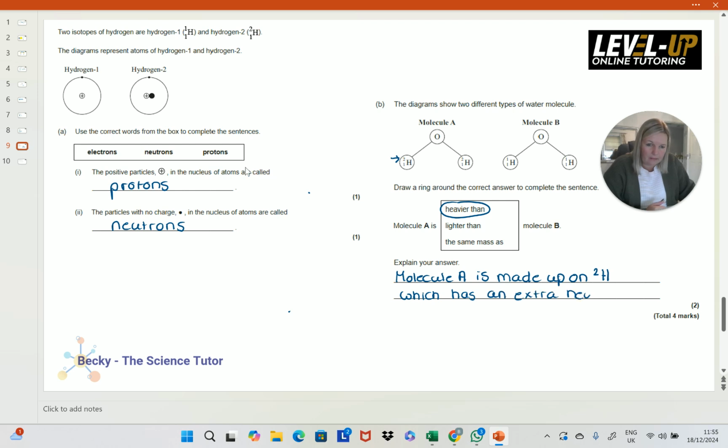We've identified for 1 mark that it's made up of hydrogen 2, and for the second mark we're also backing ourselves up, saying that it's because it's got an extra neutron, and therefore that is making it heavier.